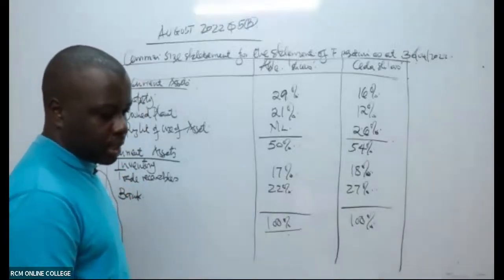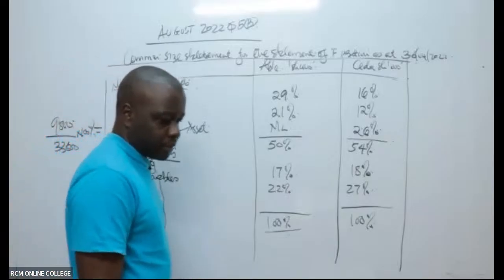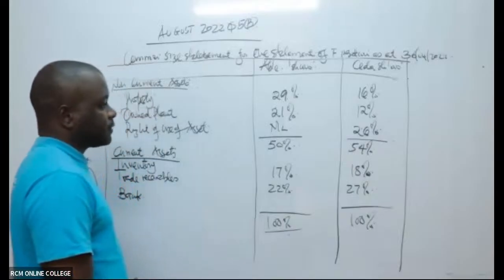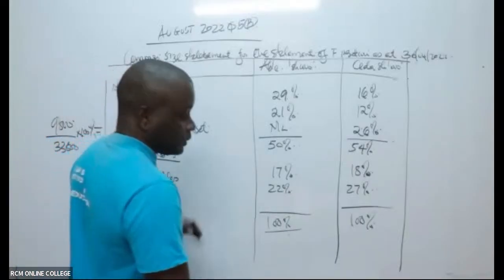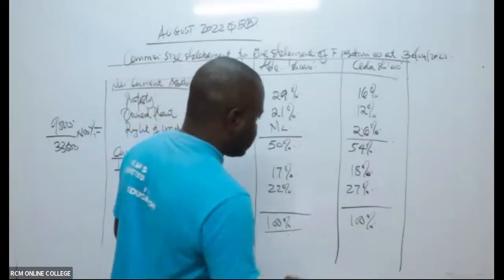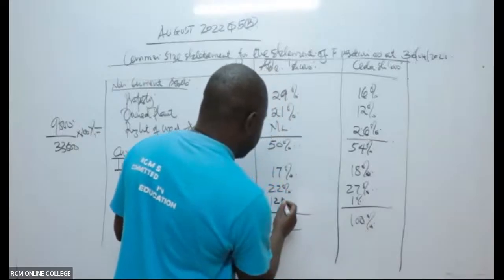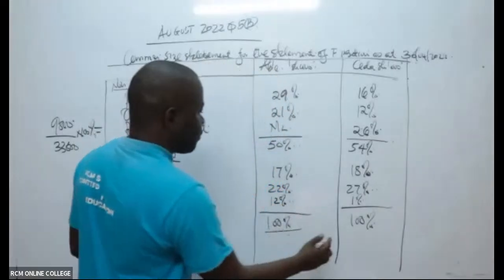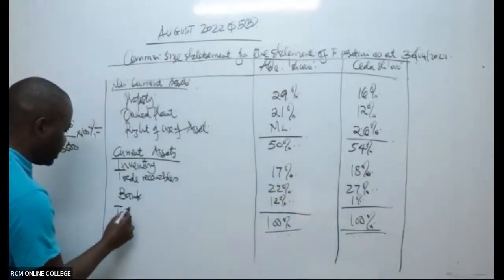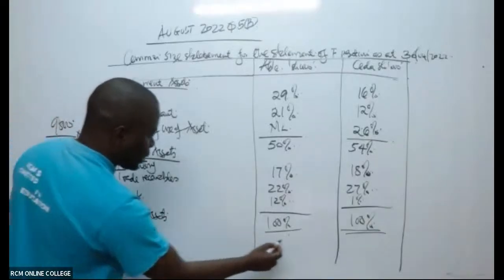For bank, 11.5%, SEDA 1.1%, so that's 1%, because this one will be 12%. So both of them should give us the figure for total assets, which is the base, and that is 100%.